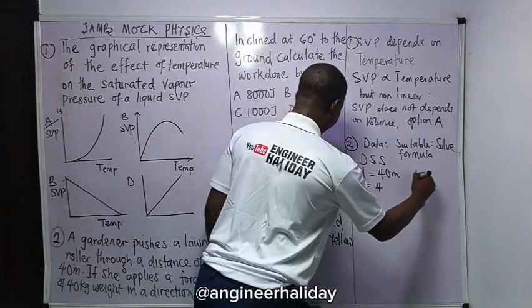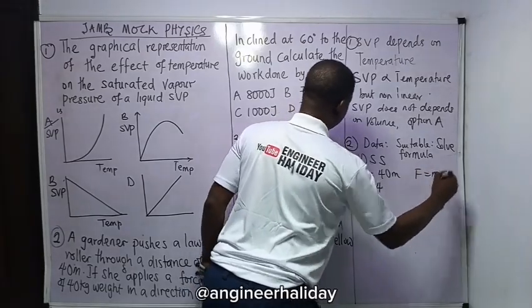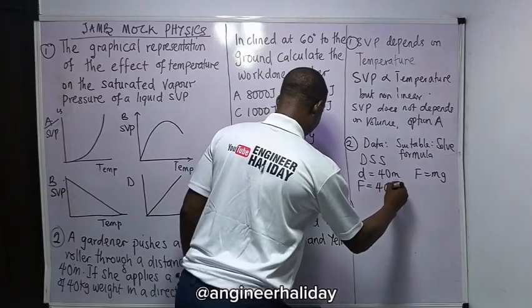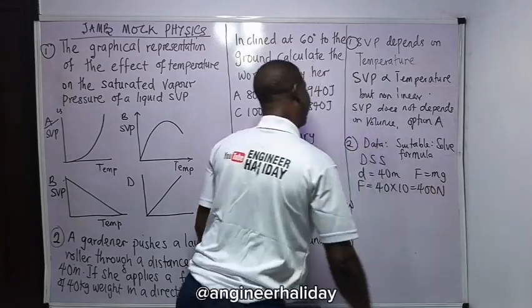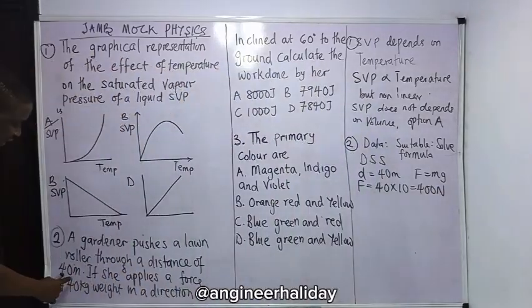We know that force equals mg, so we have 40 times 10, which is 400 Newton, because what they give us is in mass, so we convert to weight.